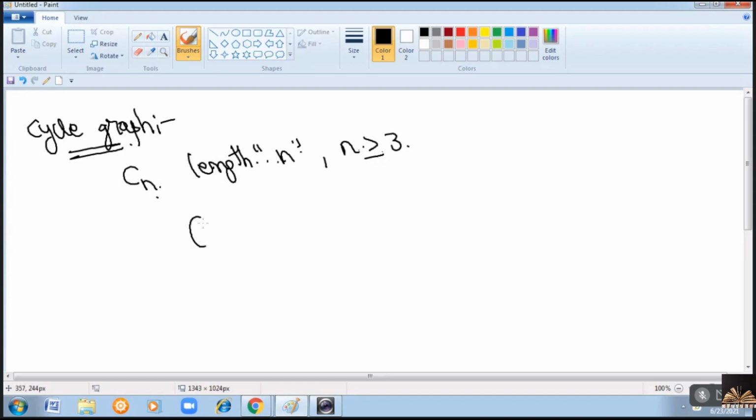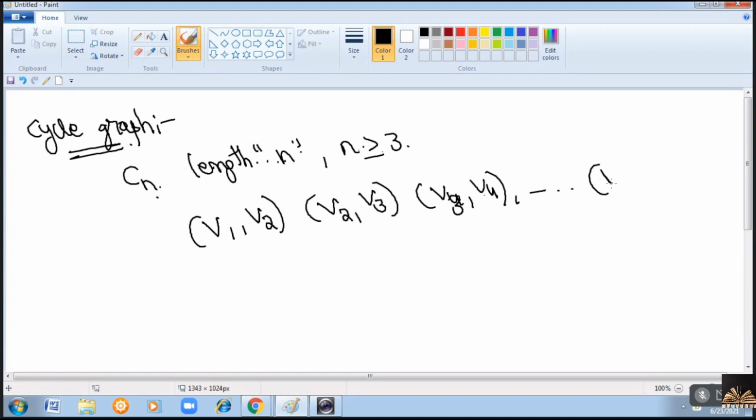Now the edges should be like this: v1 to v2, v2 to v3, v3 to v4, and so on up to vn to v1. That means a cycle graph is one where the edge starts from one vertex and has to travel through all the vertices in the graph, and it should end at the same vertex.